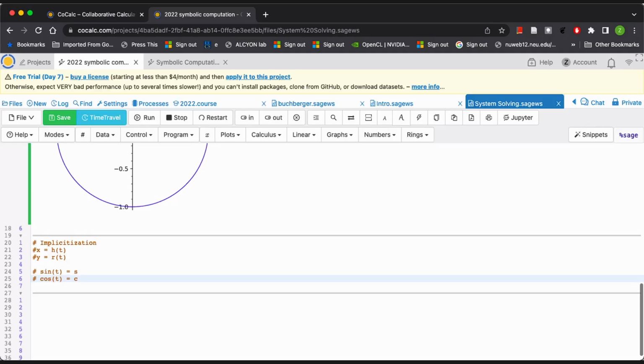Will this work? And now we have that x is equal to s, which means that actually x minus s is 0. And we have y is equal to r, which means y equals c. So y minus c is 0.